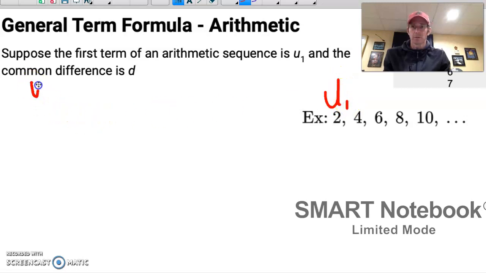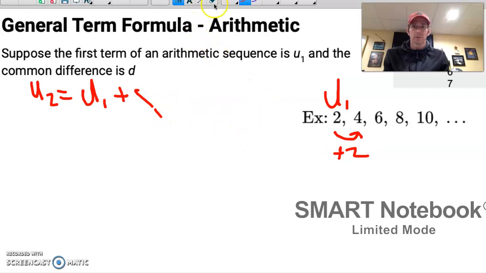So if I wanted to, I could come over here and say my second term looks like my first term plus, and in this case, my common difference appears to be plus 2 each time.